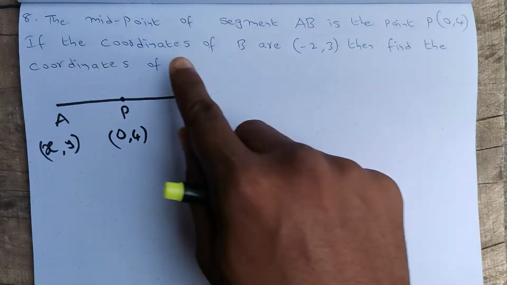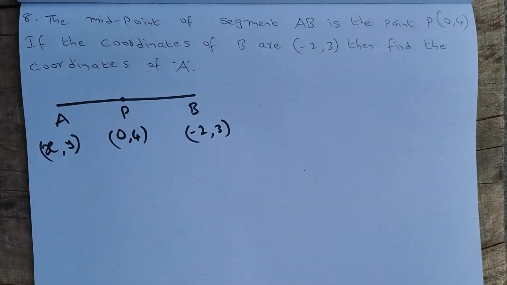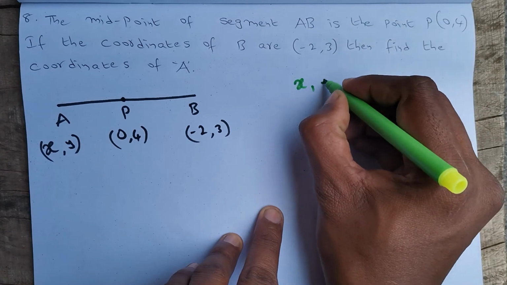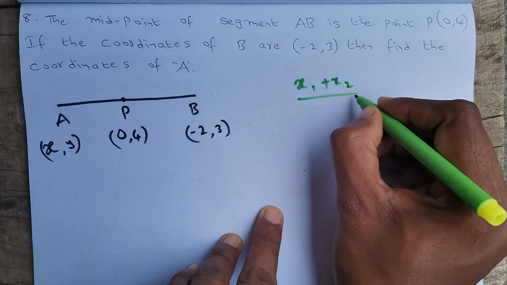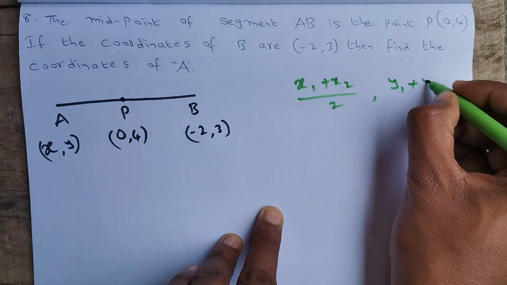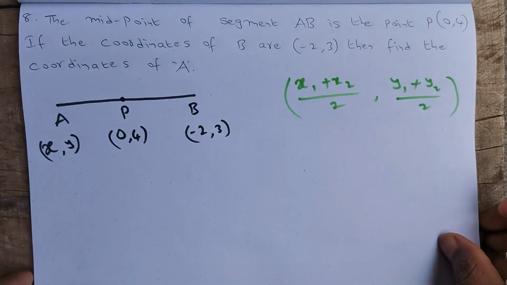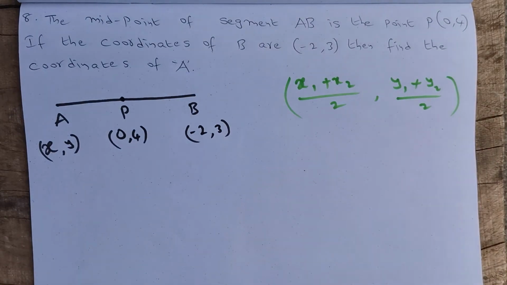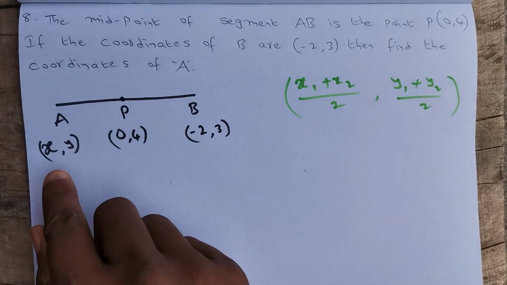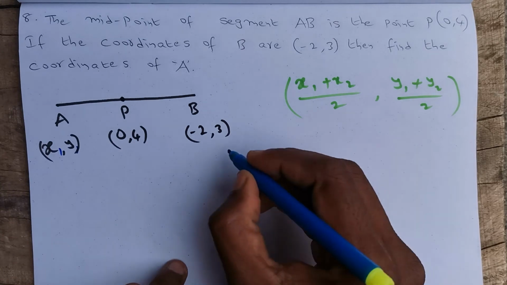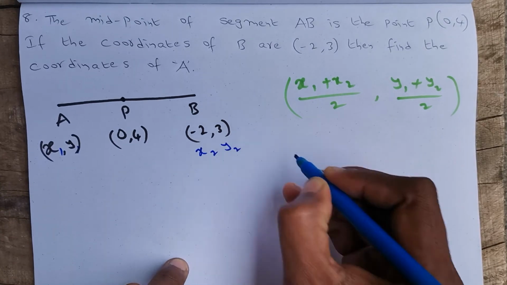So he clearly mentioned that it is a midpoint. So we know the midpoint formula also: ((x1 plus x2) by 2, (y1 plus y2) by 2). This is the midpoint of two given points. Here instead of x y I am taking it as x1 y1, so we don't have any confusion. Then these two will become x2 y2.